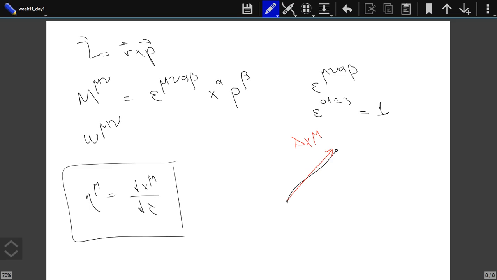Now what do I know? I know that Rx of epsilon, Ry of epsilon minus. Now there was a mistake I made. Let me just correct it.